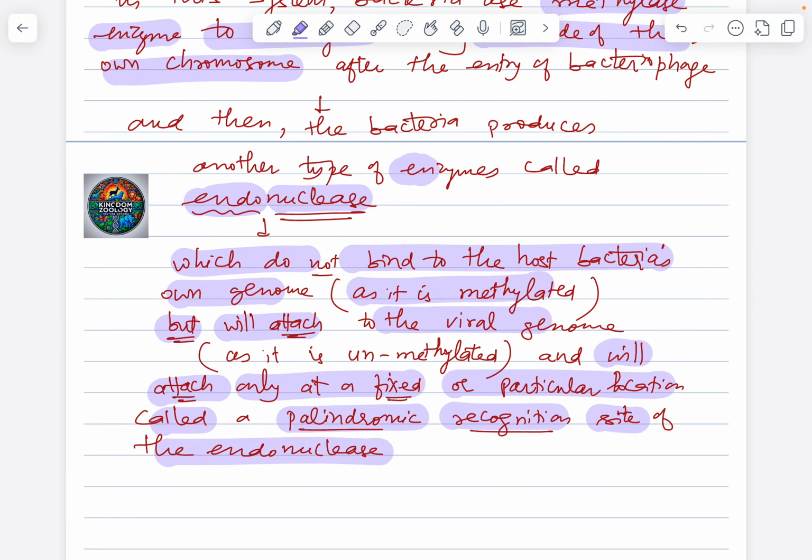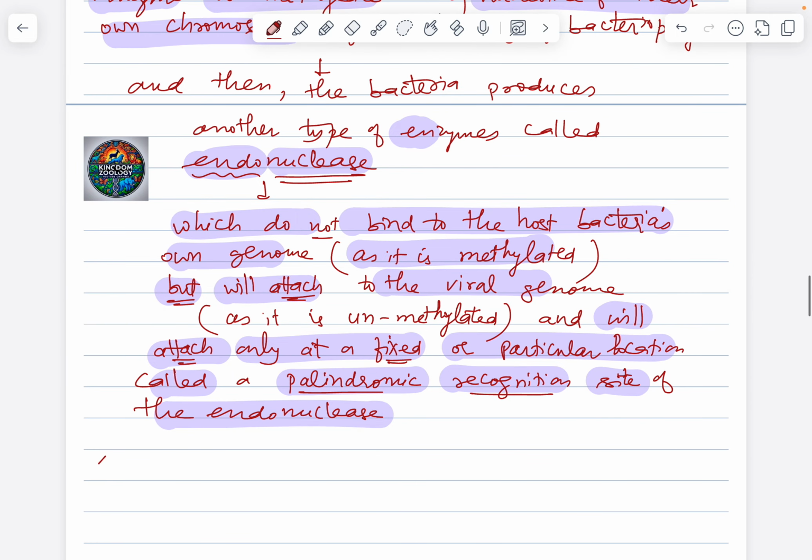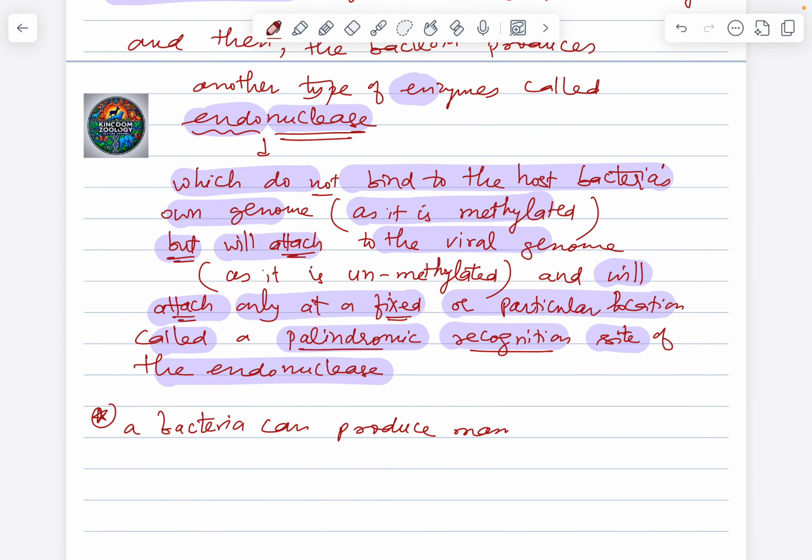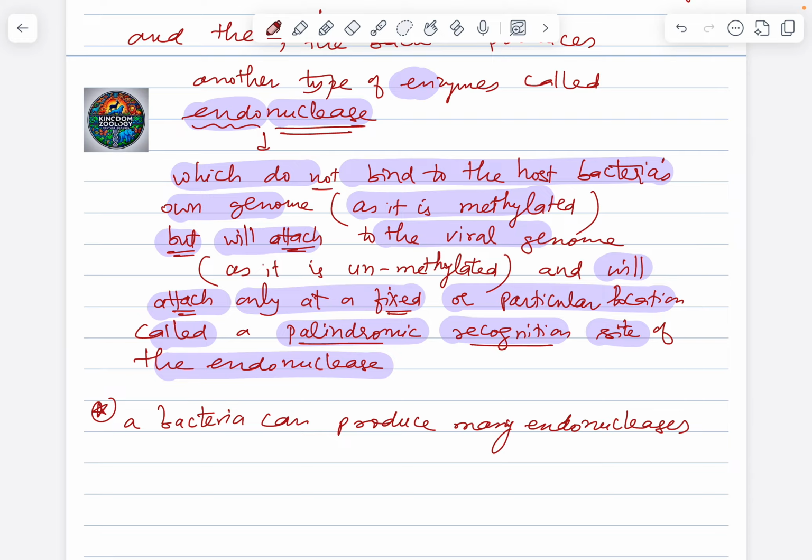Now, one more thing before we go further. A single bacteria can produce many endonucleases. There's no restriction on the number of endonucleases that a single bacteria can produce. A single bacteria may produce 10 endonucleases in response to the entry of the viral cells in it.